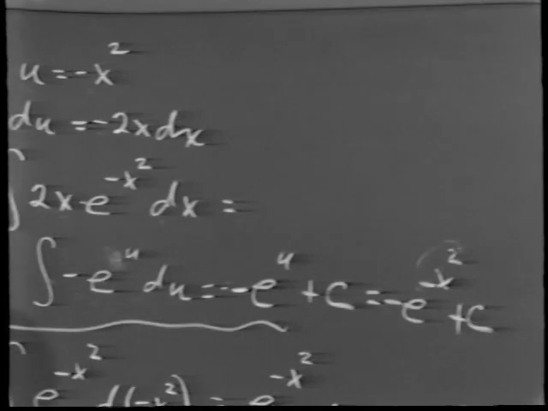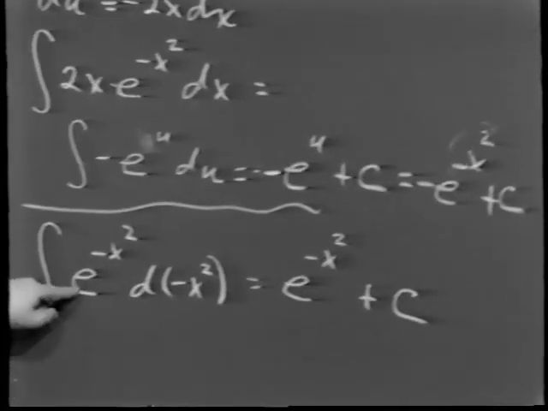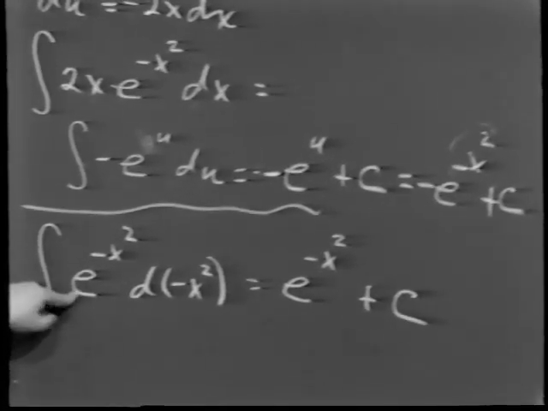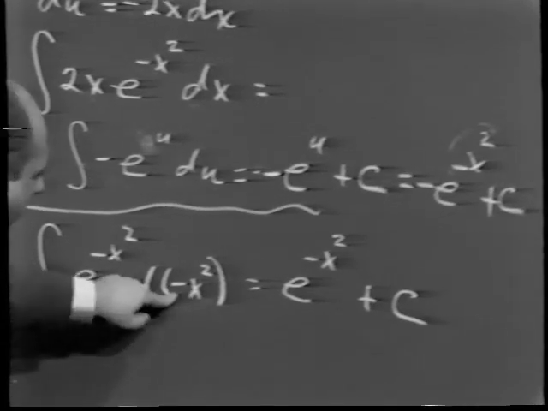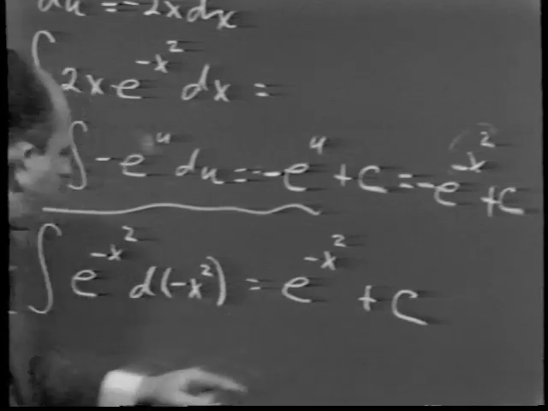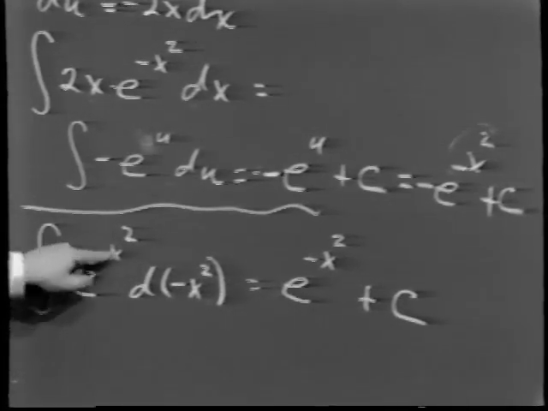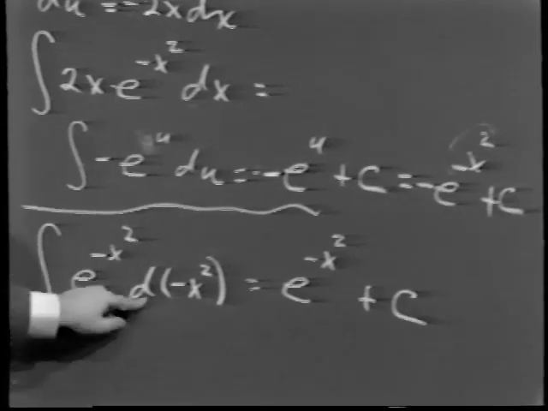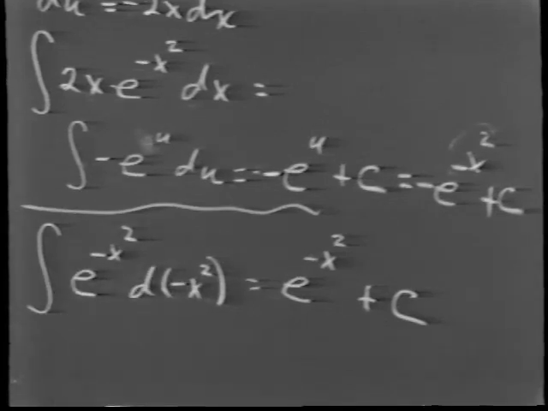If you want to see this in more concise differential notation, you see what we're saying is that the integral of e to some power with respect to that same power is e to that power plus a constant. In other words, the function that one would have to integrate e to the minus x squared with respect to, to wind up with e to the minus x squared, would be minus x squared itself.